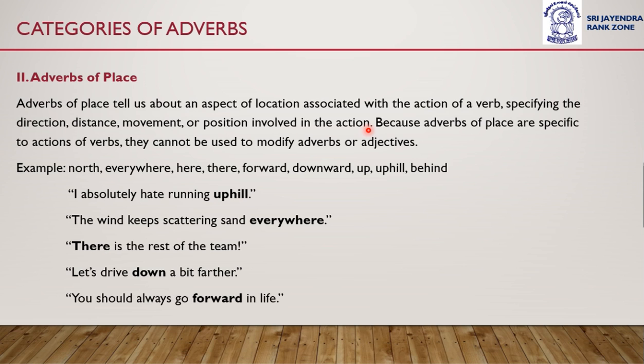Action. So they can mainly be used only with verbs. They cannot be used to modify adverbs or adjectives. Alright. So I absolutely hate running uphill. Uphill is the adverb of place.